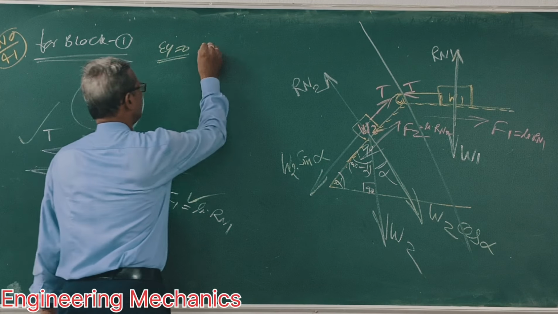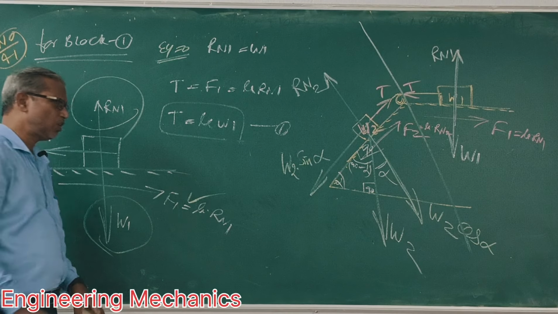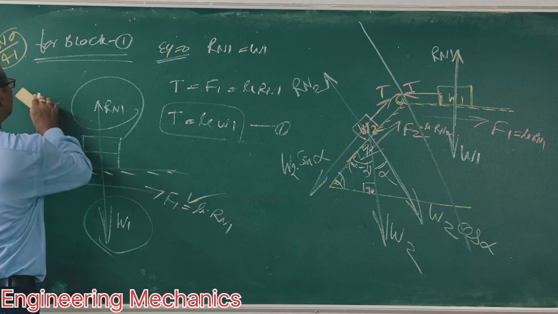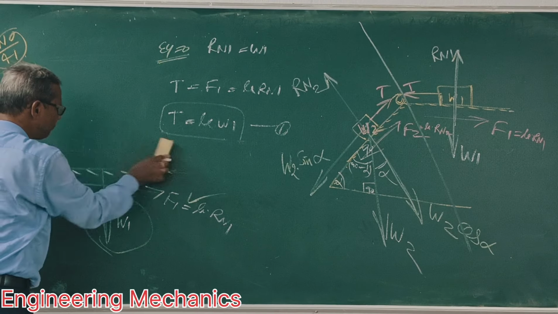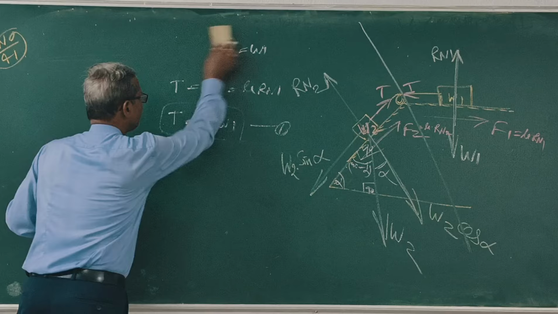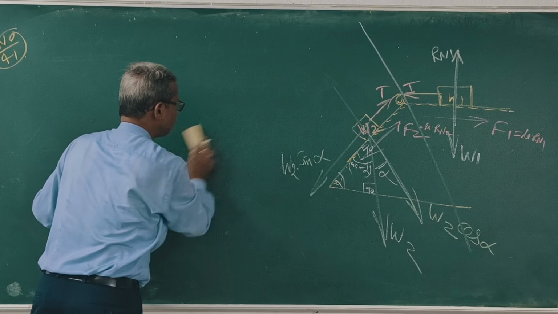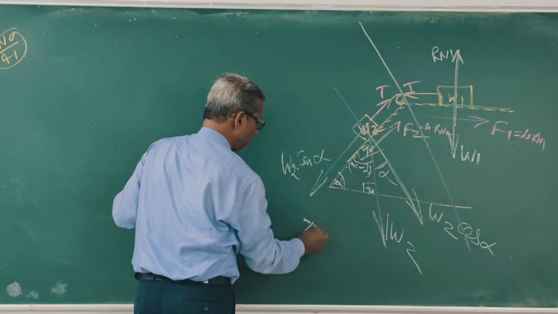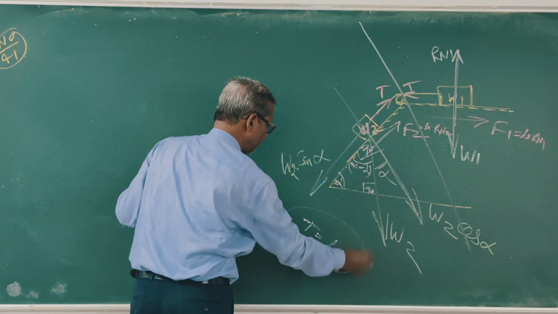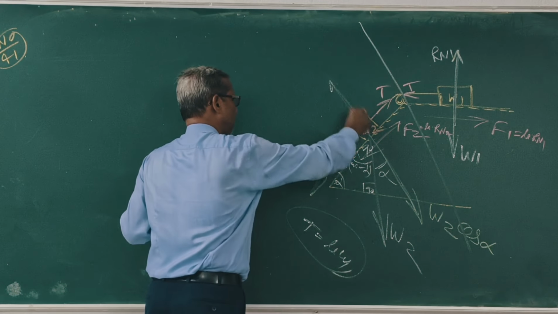Now come to block 2. For block 2, T is equal to mu W1. Clear? Rn2.